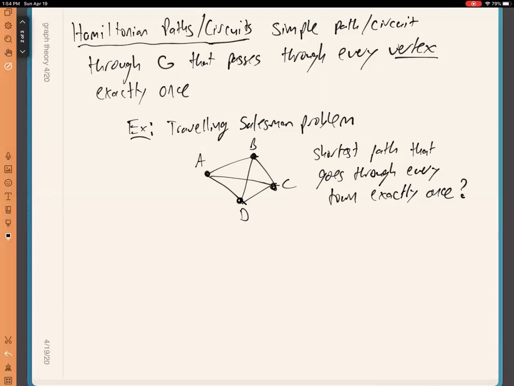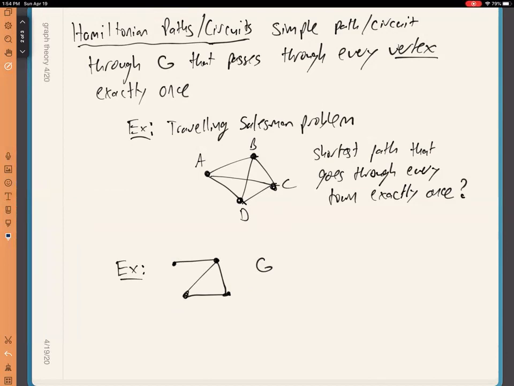Right, and so that's one example where this arises outside of just some simple pictures, but maybe let's also look at some simple pictures. So let's suppose my graph looks something like this. Suppose this is G. Well, let's try to find an example of a Hamiltonian path through this graph.